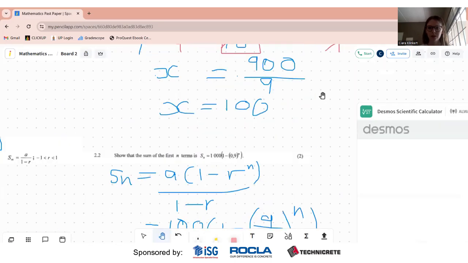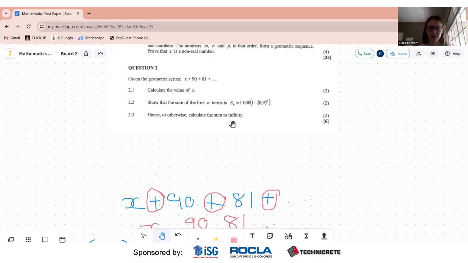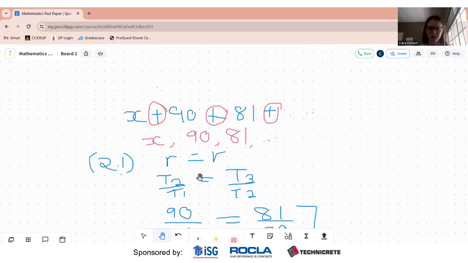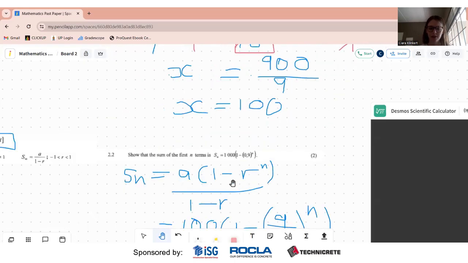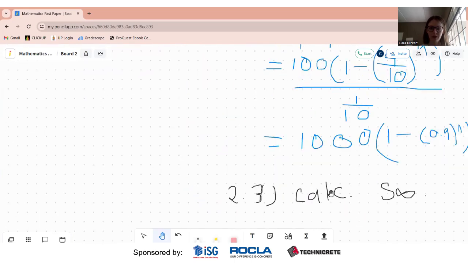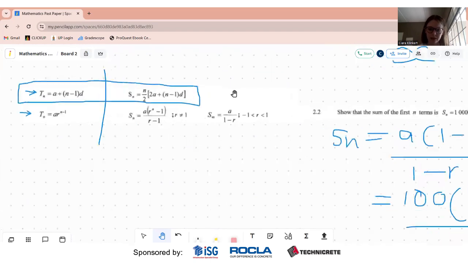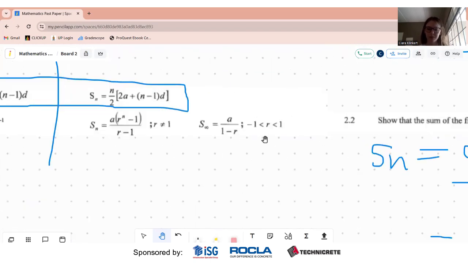Now, the next question asks us to calculate the sum to infinity of the series. Okay, now, if we look at our formula sheet, it's given by this S infinity thing. That is how we calculate the sum to infinity.